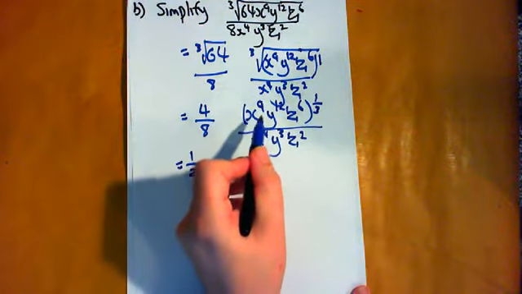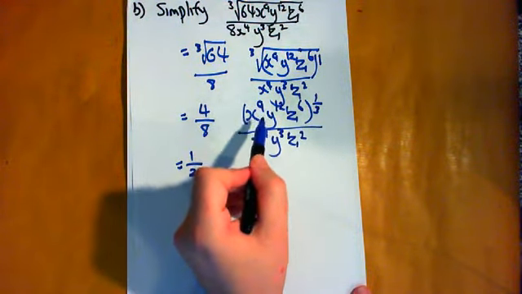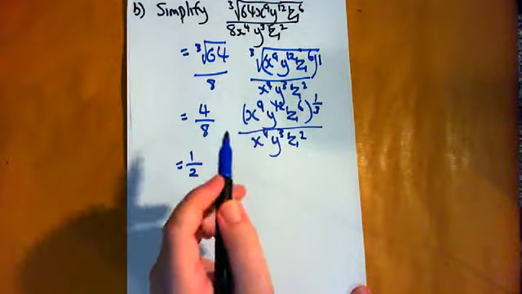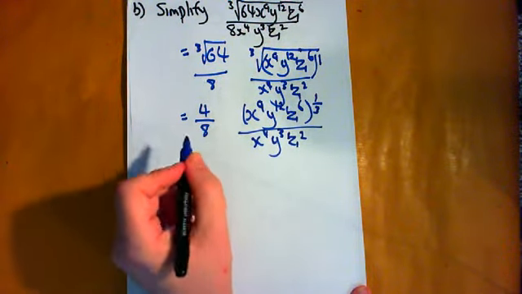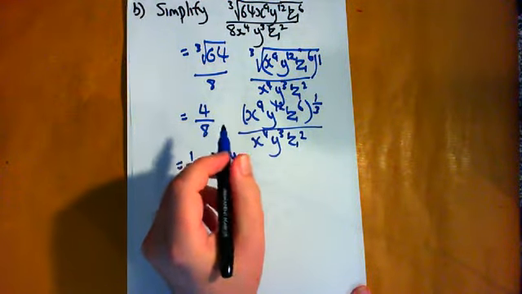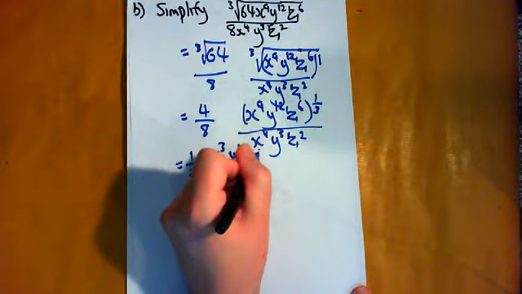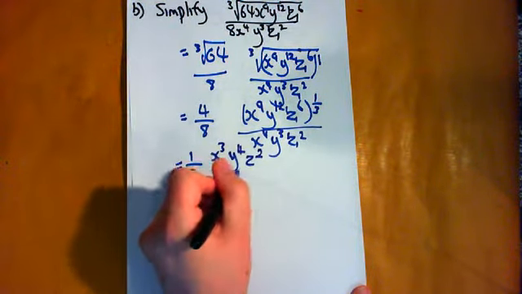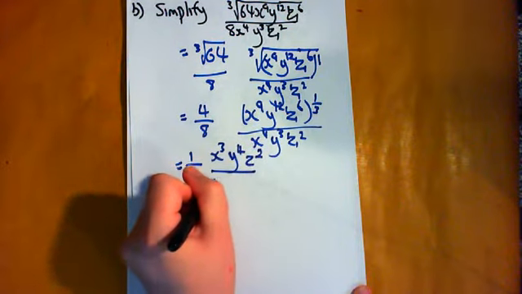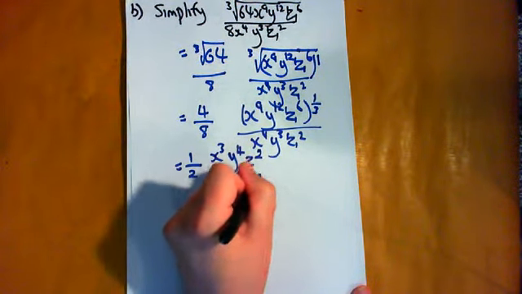Now we have x to the 9 times a third because we're back to our powers inside the brackets, outside the brackets, multiply them together situation. So that's x cubed, y to the 12 times a third is 4, and z to the power of 6 times a third is 2, over x to the 4, y to the 3, z squared.